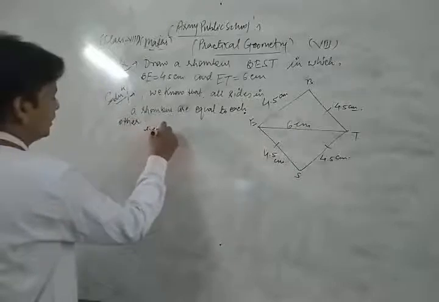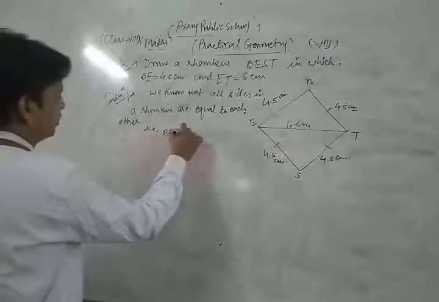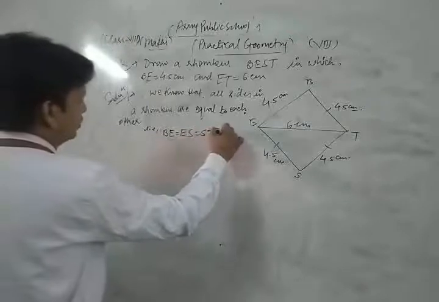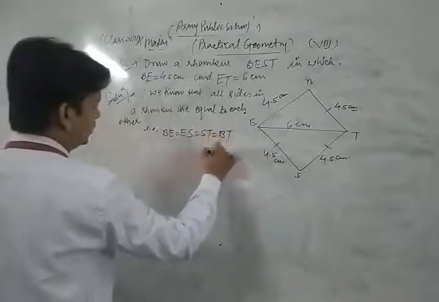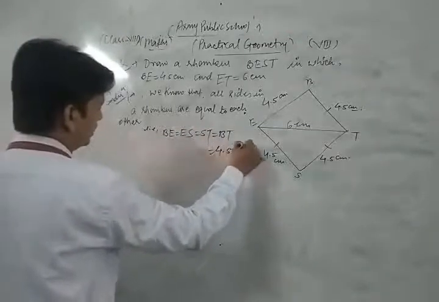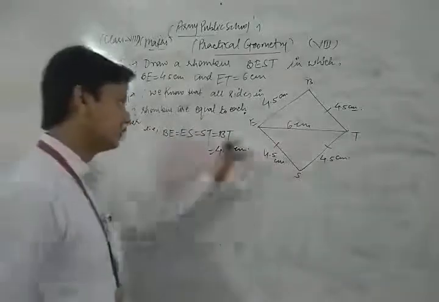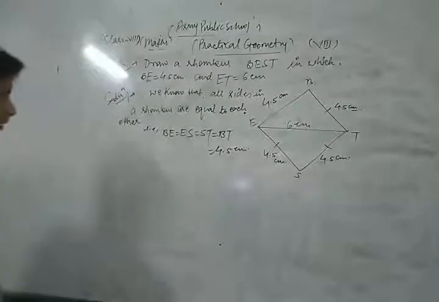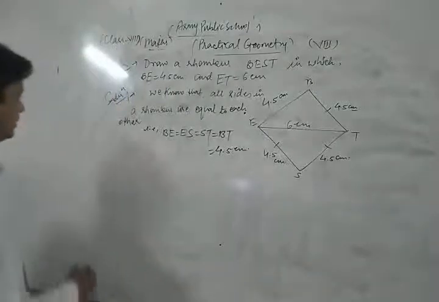That is, BE is equal to ES is equal to ST is equal to BT is equal to 4.5 centimeter. So in this way we draw the rough diagram. Now we construct it. We take step one.